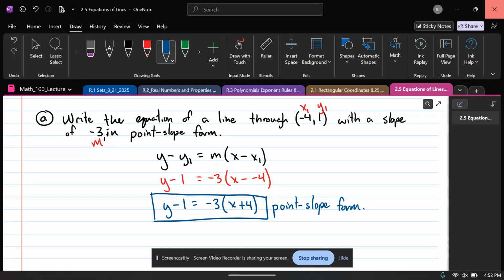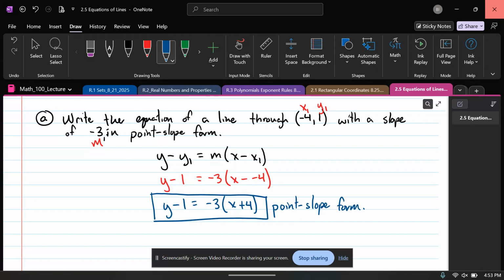So if they give me a slope and any ordered pair on the line that the line goes through, I can write my equation in point-slope form just by plugging those things in and then simplifying as I can. Can you say that one more time, please? So if they give me a slope and any point, so it doesn't have to be the y-intercept, it can be any point on the line, I just plug the slope in and the ordered pair, and I got my point-slope form.